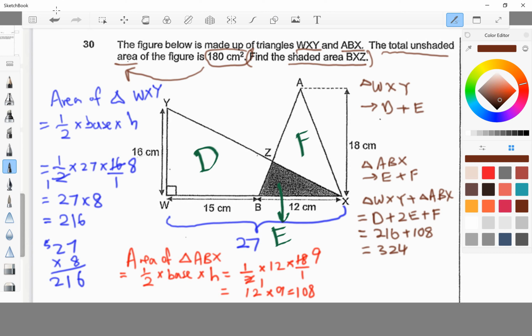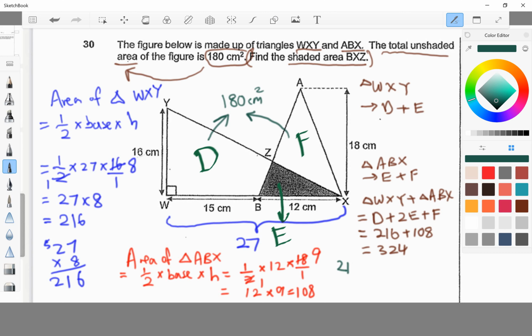And that actually points to portions D and F. So portions D together with F is 180 cm square. So if I take 324 and subtract away our unshaded portions, this will leave me with 2E.